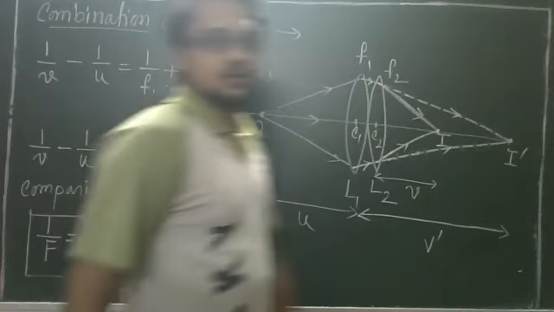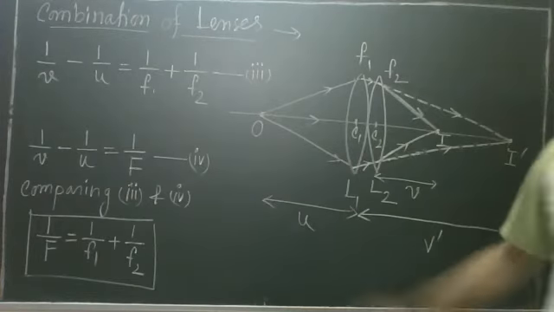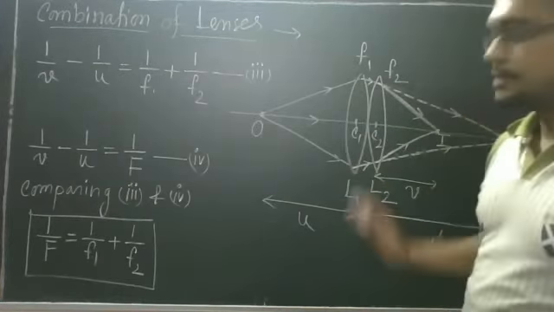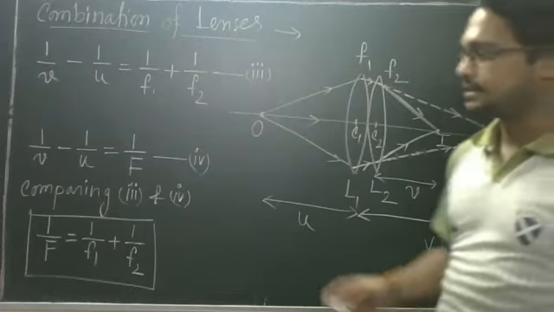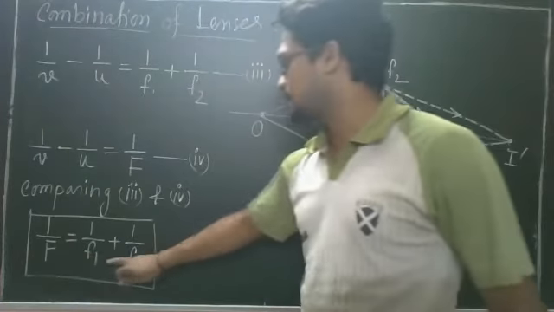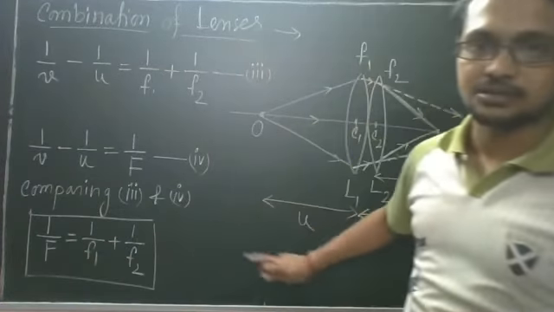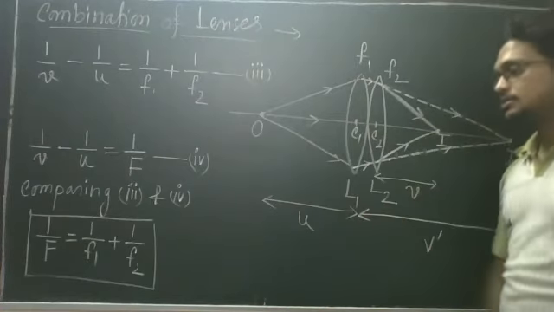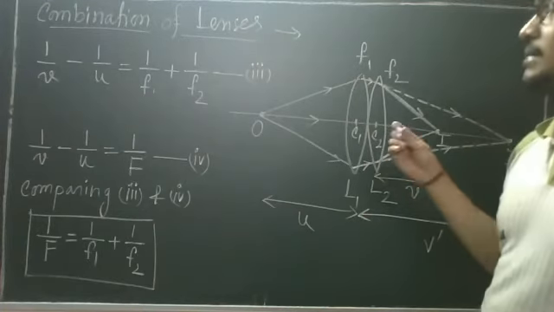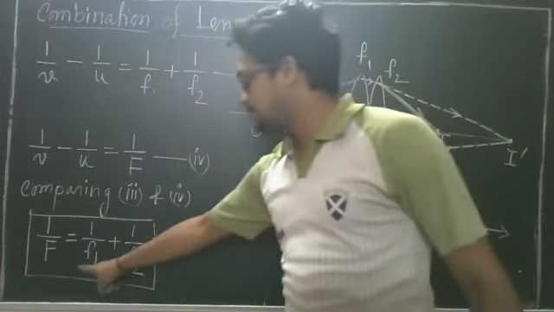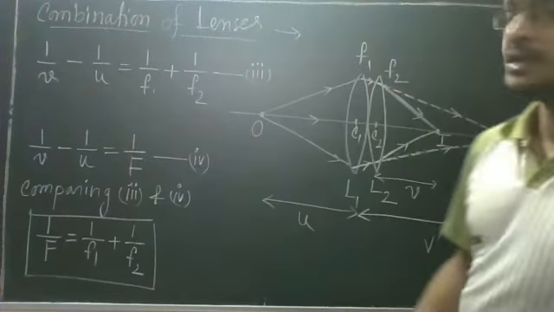Here I have taken two lenses in contact. If we take any number of lenses in contact, then the formula for focal length will be 1 by f1 plus 1 by f2 plus 1 by f3 plus 1 by f4, and it goes on in this way. In an exam, if the derivation comes, we will derive it for two lenses in contact.